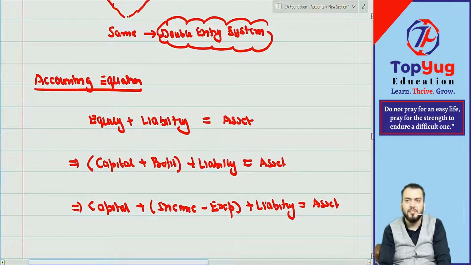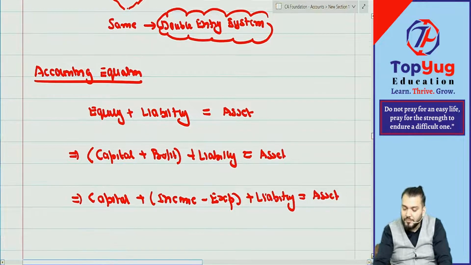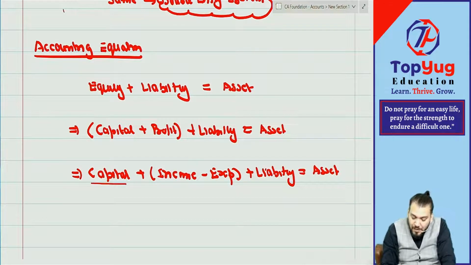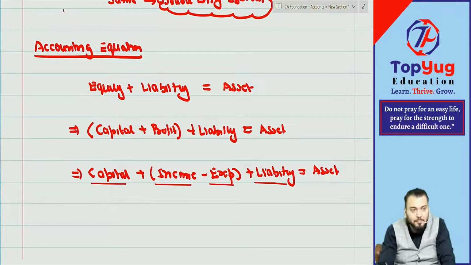Correct? Understood? Now, are we able to understand? You know mathematics a little, because now we are dealing with mathematics here. Equation means mathematics. So this capital is a plus item, this income is a plus item, this expense is a minus item, liability is a plus item.